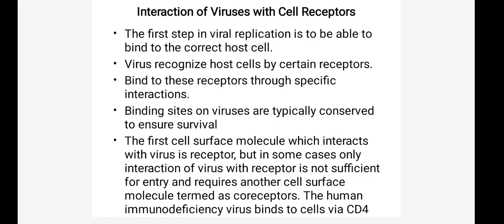As viruses are host cell specific, this specificity is due to the receptor interaction. All of these viruses have a binding site on the host cell, through which they recognize their respective host cells.